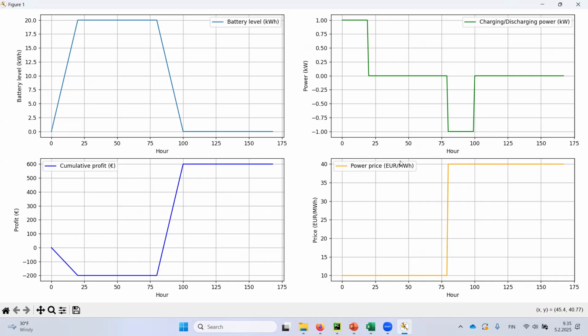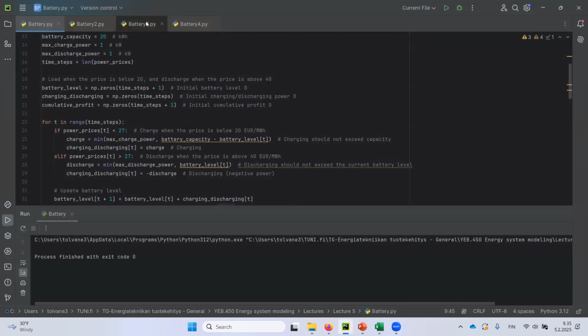Because the algorithm optimizes everything in that time span, it knows everything beforehand. In here, it starts charging, so it costs money. The battery energy level goes up to 20, it retains it, and it starts selling immediately as the price goes upwards. So charging, discharging. That's a reasonable thing to do.